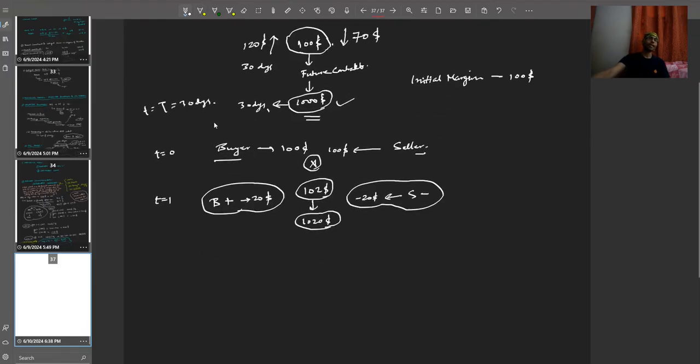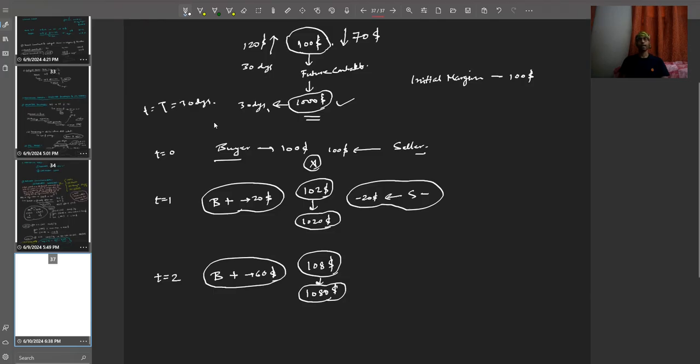Now let us say that at the end of the second day, the price of the stock moves from 102 to $108. The contract naturally has become 1080. On the second day, the buyer gains another $60 and the seller loses another $60.